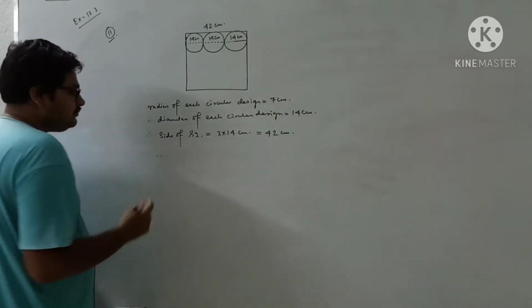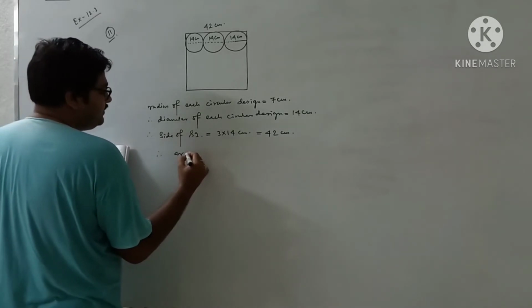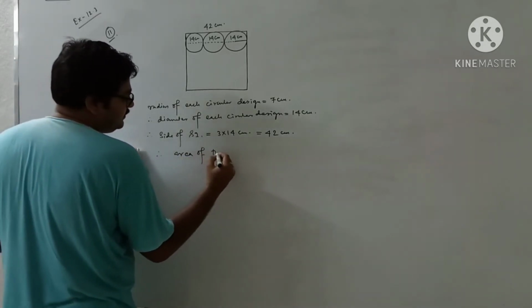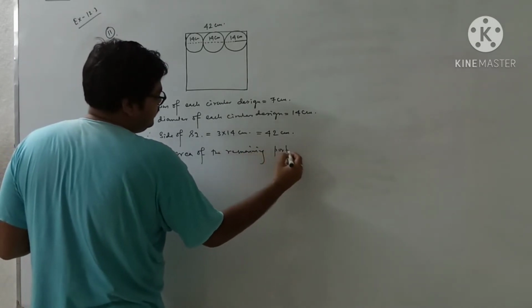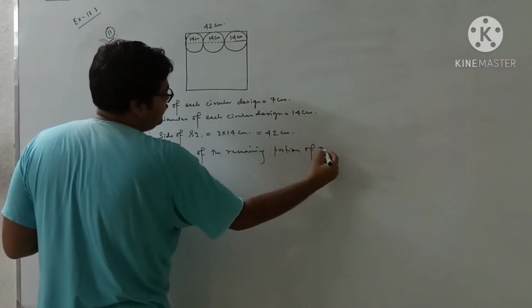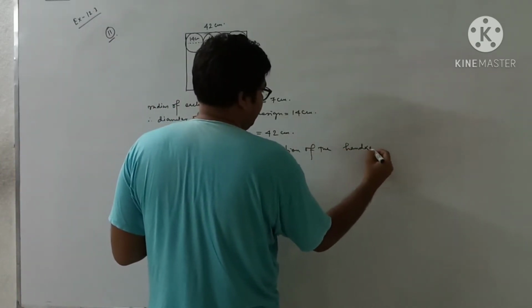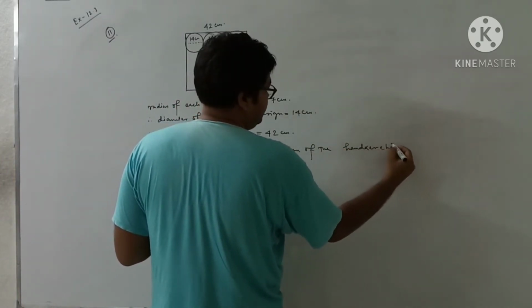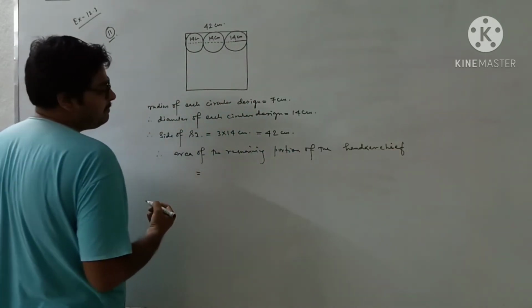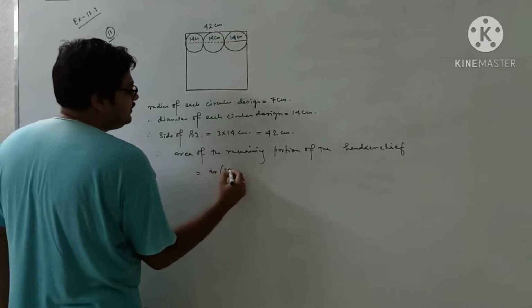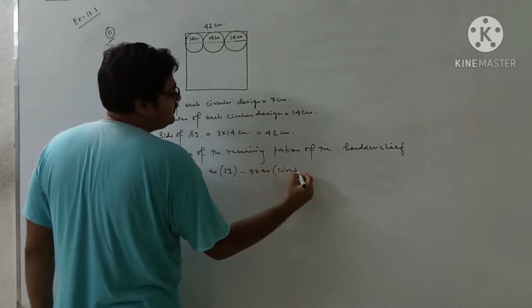Therefore, area of the remaining portion of the handkerchief is equal to area of square minus 9 into area of circular design.